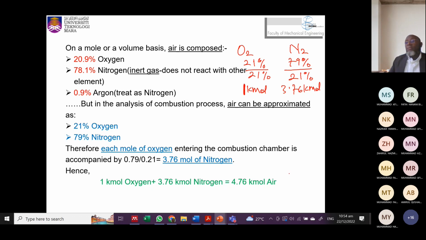Nitrogen. It's just like, let's say we have a class, or let's say we have a team, team A and team B. For every 1 female in this team, there will be 3 male.